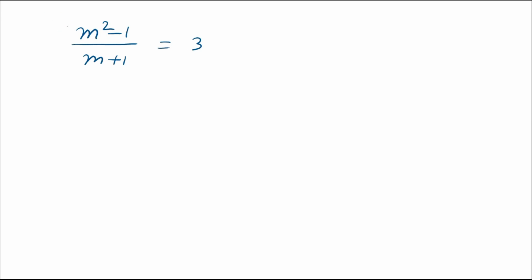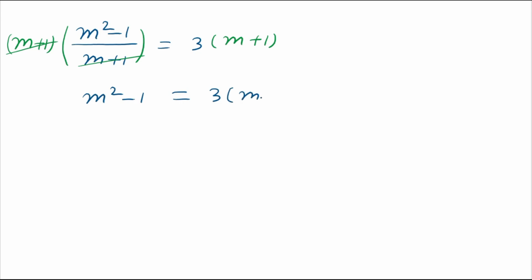Now if we multiply both sides by m plus 1, the m plus 1 cancels out on the left. On the left-hand side we have m^2 minus 1, which equals 3 times (m plus 1). Let us consider 1^2, because 1^2 is also 1.